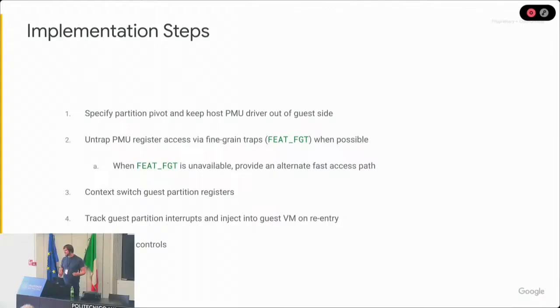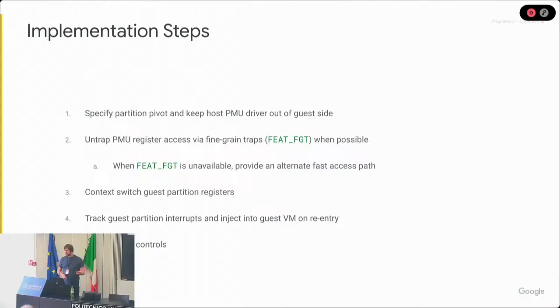So starting with a good base to work from, move some functions around, that's the first few patches. The next couple of patches is working with the host PMUv3 driver, specifying that partition pivot and making sure the host driver stays out of the side we're reserving for the guest.